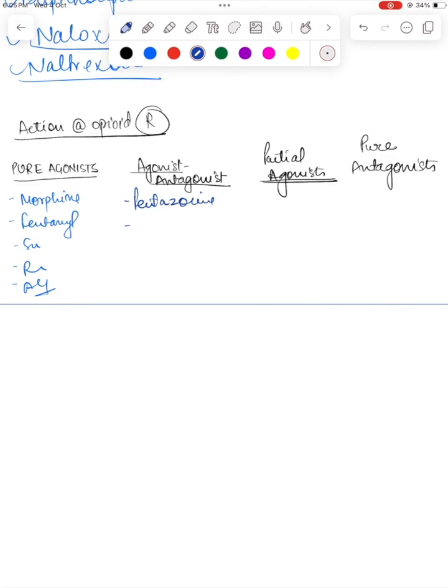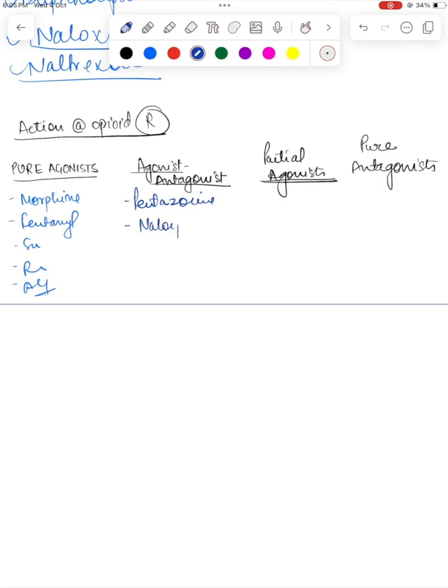It has agonistic activity at the kappa opioid receptors, but it has antagonistic activity at the mu opioid receptors. That is why, if you have already given morphine to the patient, or let us suppose fentanyl, and you give pentazocine to that same patient, then the analgesic effect of fentanyl will be counteracted by the blocking ability of pentazocine. So it can decrease the analgesic potency of fentanyl.